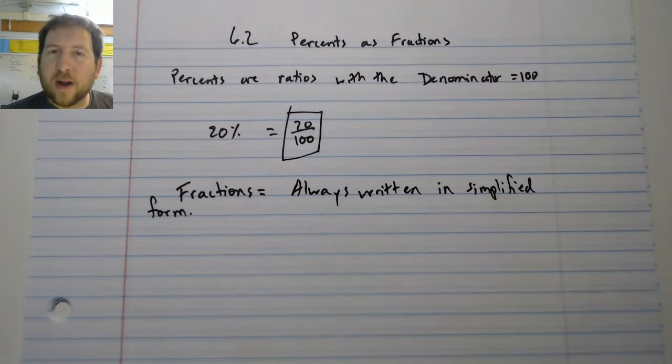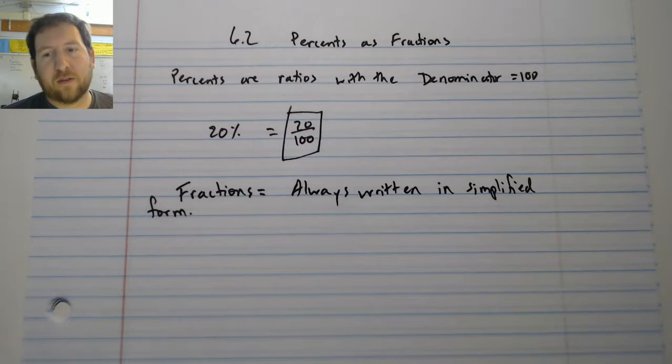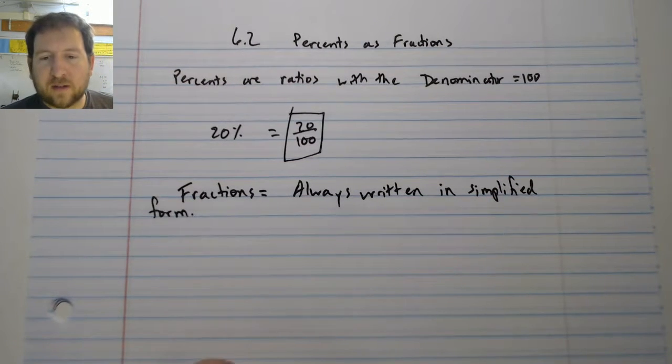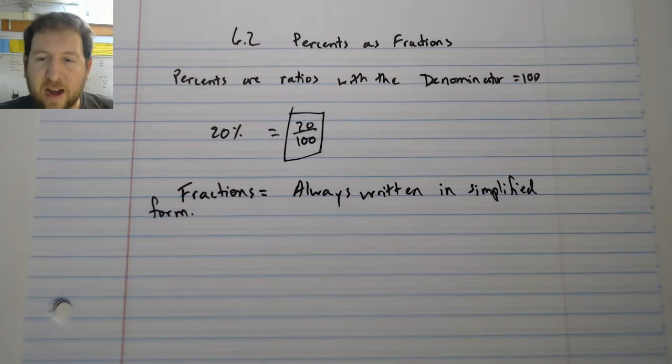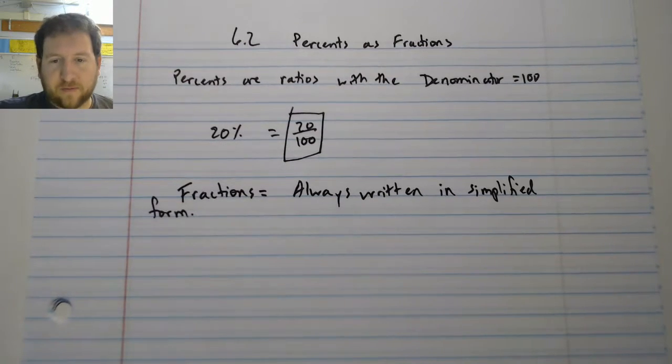And this is to practice all of the interconnectedness between fractions, percents, ratios, all the things that we've been learning. So this section is going to be pretty simple as well. All we're going to be doing is writing out fractions, and we're going to be simplifying them.